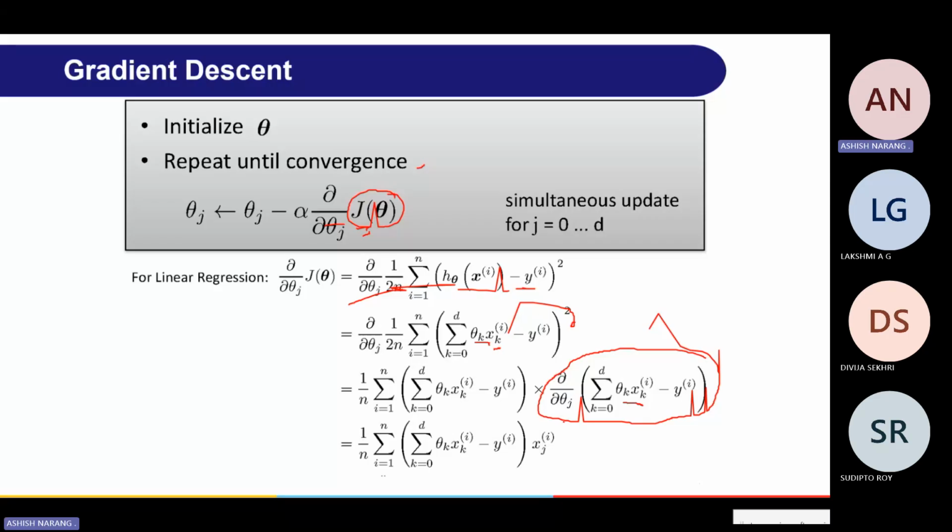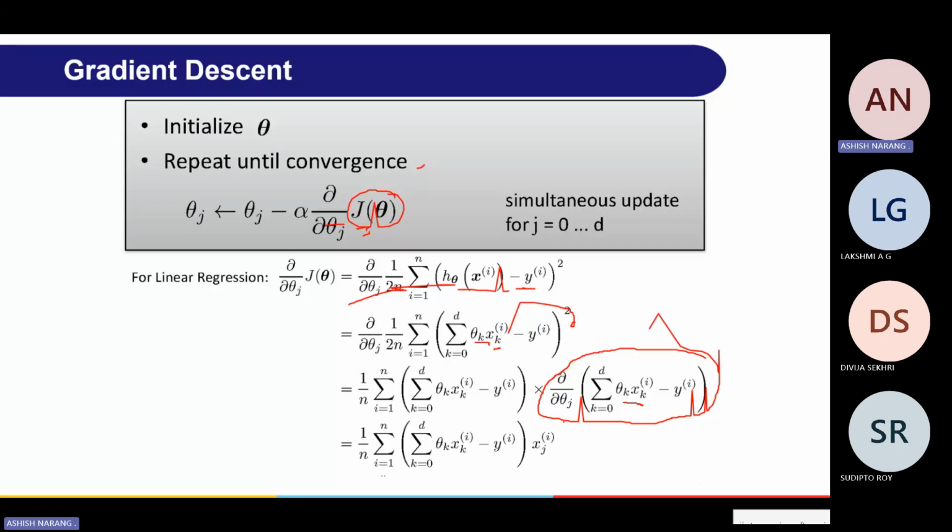So for a particular feature you want to update a weight, only that particular feature will come into the picture here. The others will not have that particular theta, so those terms will be 0. This is all partial derivatives. y does not have any theta.